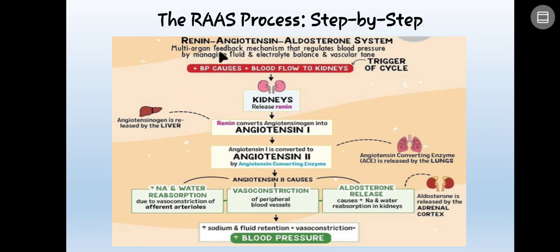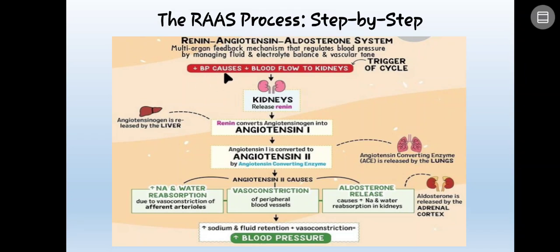So once there is a reduced blood pressure, the volume of blood going to the kidneys will reduce. The blood flow to the kidneys will reduce, and this is what will trigger the renin-angiotensin-aldosterone cycle.